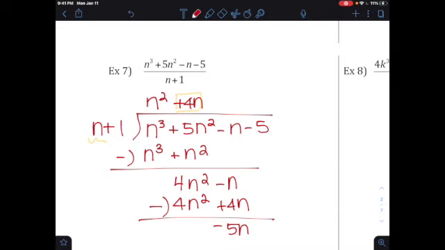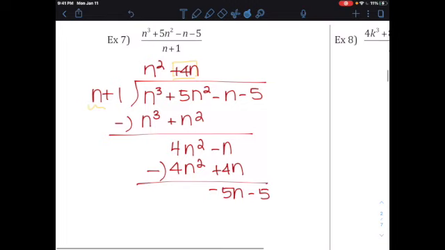Then bring down the last negative 5. You bring down one term at a time. And then now you are going to try to do it again by saying n times what gives you a negative 5n. In this case, I'm going to multiply by a negative 5.